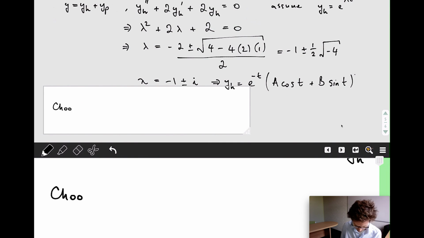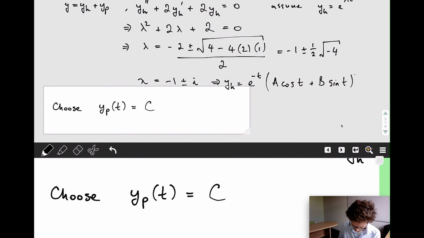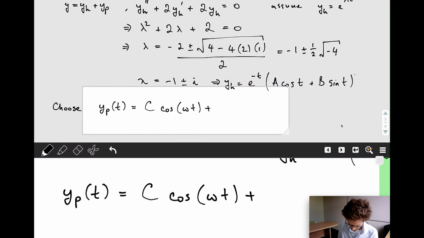the most general possible trig function, so let's call it c cosine, with the same frequency, omega t, plus d sine omega t.